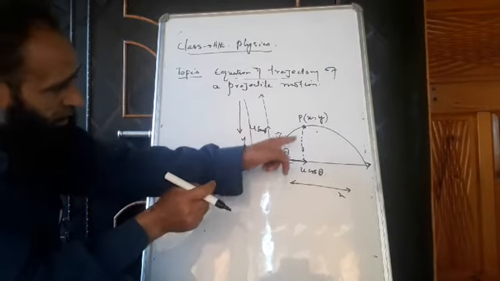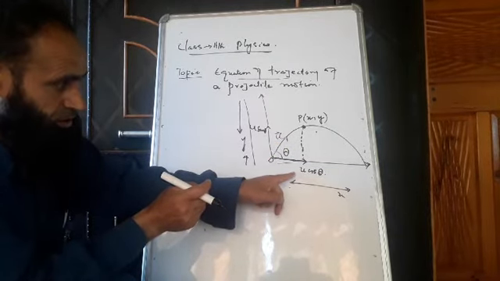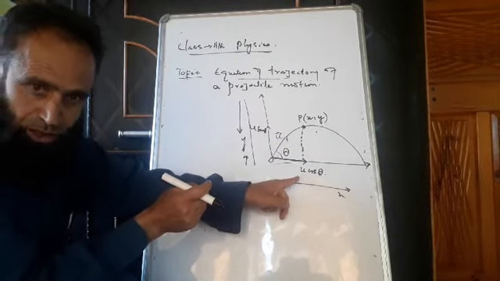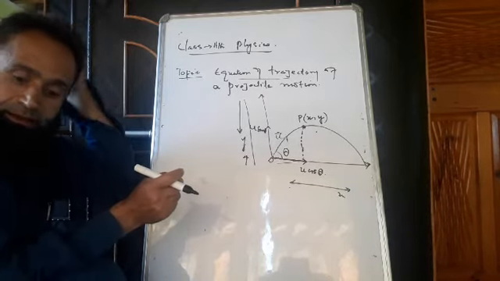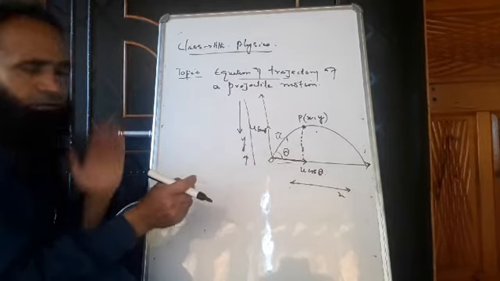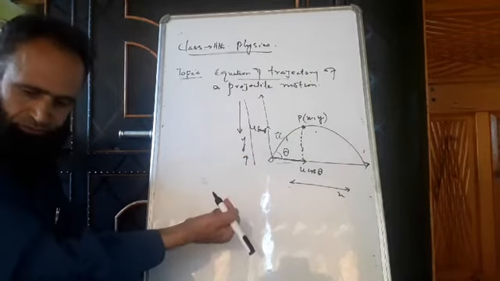We have resolved this u into two components: u cos theta along the x-axis and u sin theta along the y-axis.